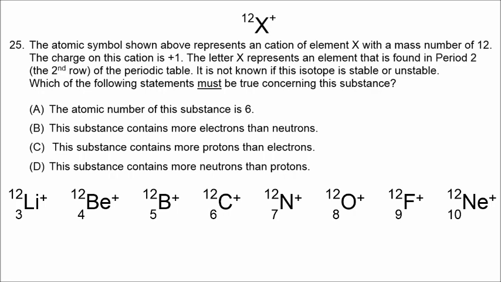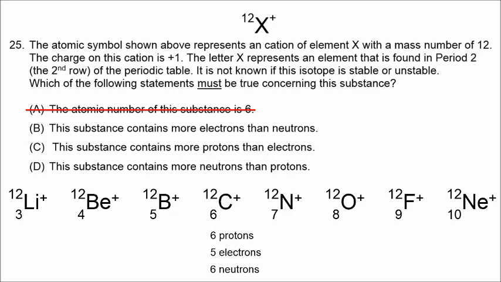Well, it says that in choice A, the atomic number of this substance is 6. That's not necessarily true. It says the substance contains more electrons than neutrons. Well, here's an example. Carbon would have 6 protons. It would only have 5 electrons if it has a positive 1 charge, and it happens to have 6 neutrons.